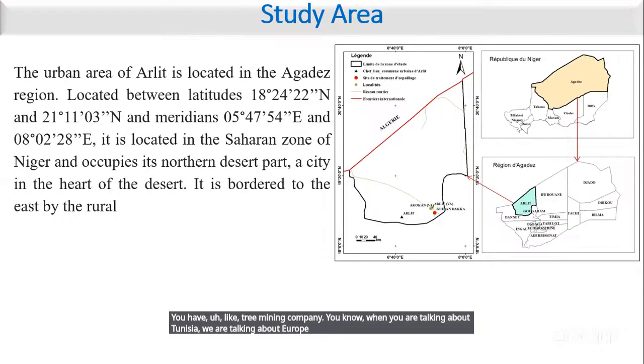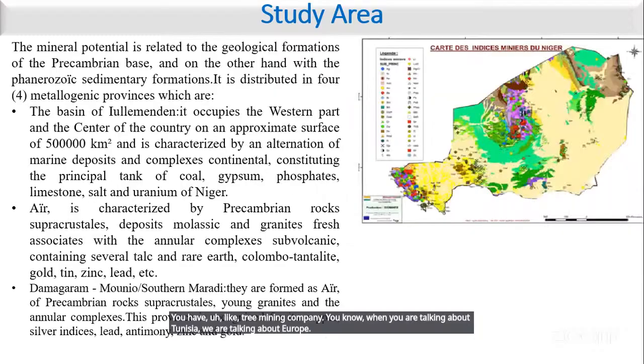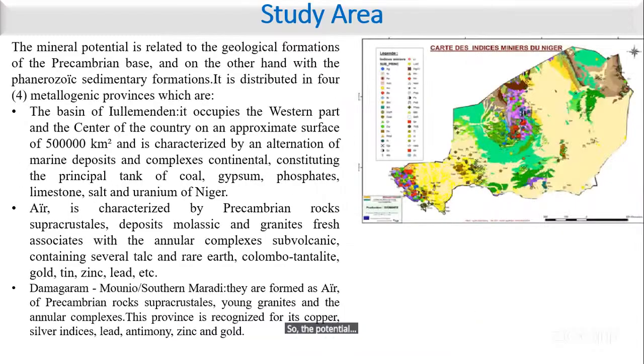Other regions have other resources. In Damagaram, we have lead, antimony, zinc, and gold ore.